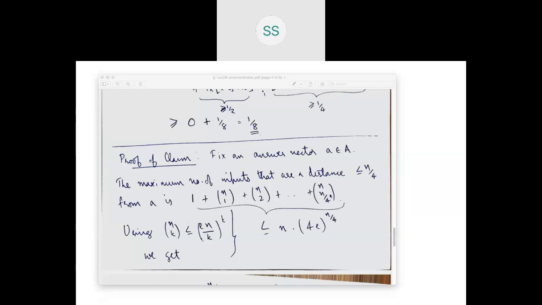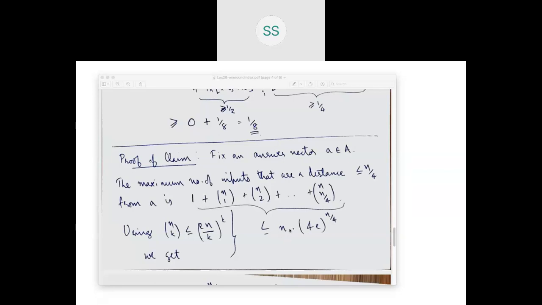And in this summation, the biggest binomial coefficient is n choose n by 4. So we will upper bound each term by n choose n by 4, and n choose n by 4 is upper bounded by, if n is n and k is n by 4, just 4e whole power n by 4. So every term is upper bounded by 4e to the power n by 4, and there are n by 4 plus 1 terms, but we just don't care.